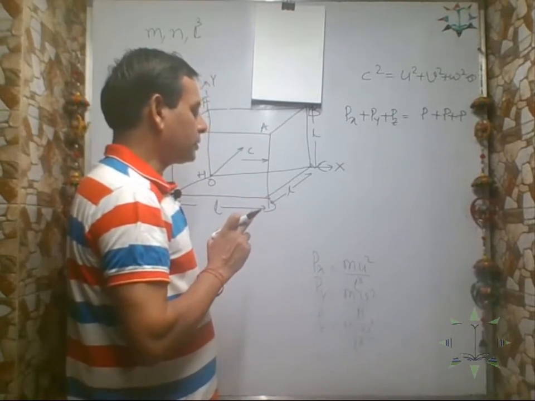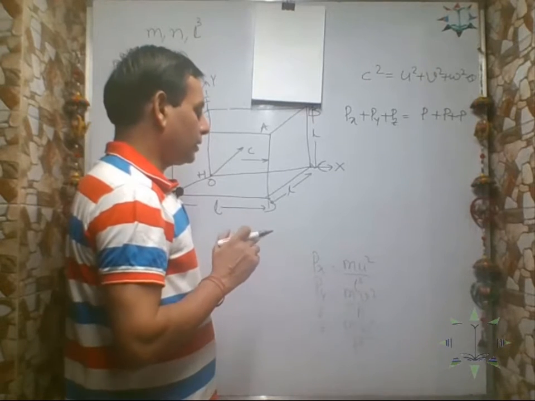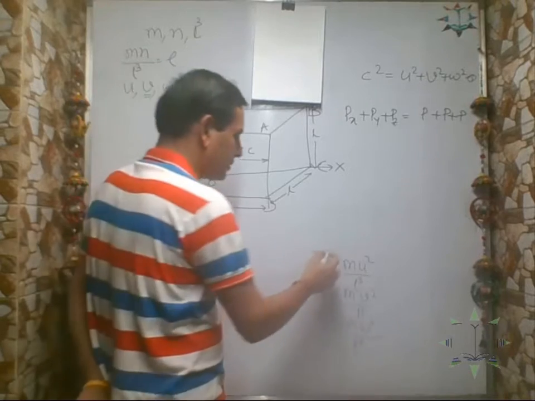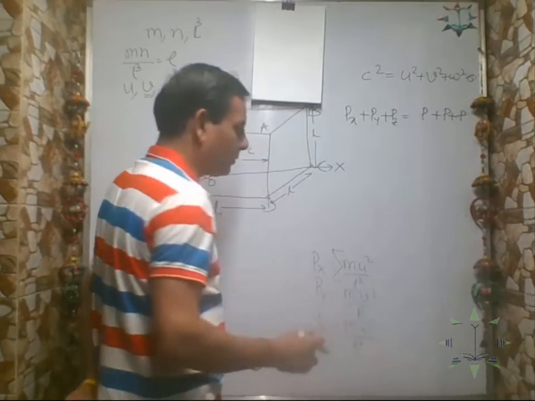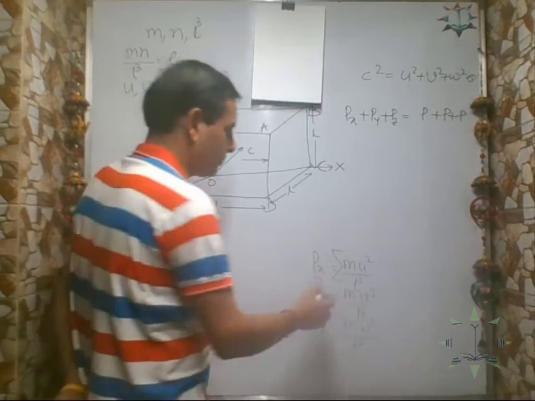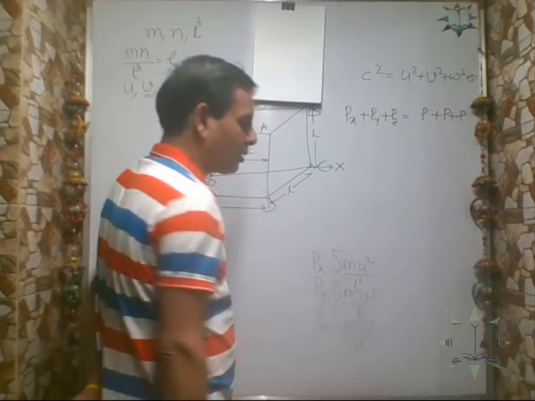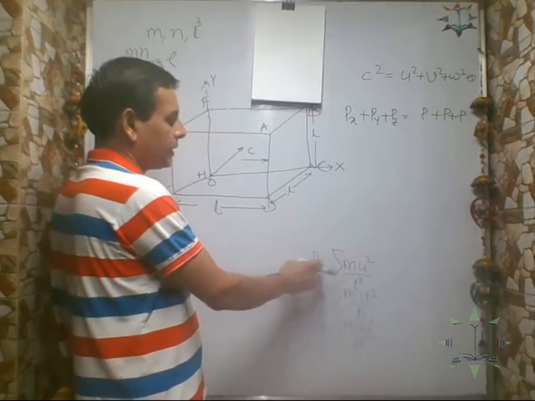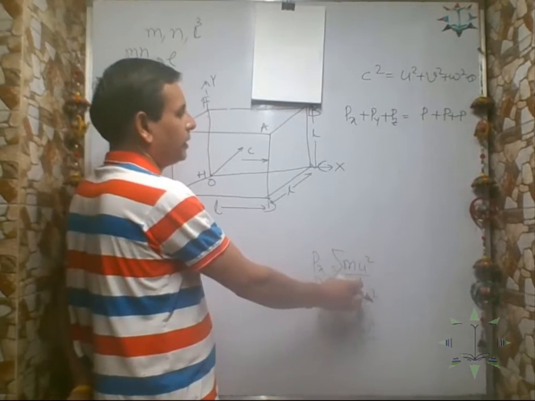But if you want the total pressure exerted by all the molecules because of their motion along the x-axis, you have to take the summation over all the molecules. So the total pressure along the x-axis is sigma of m u square by L cube.